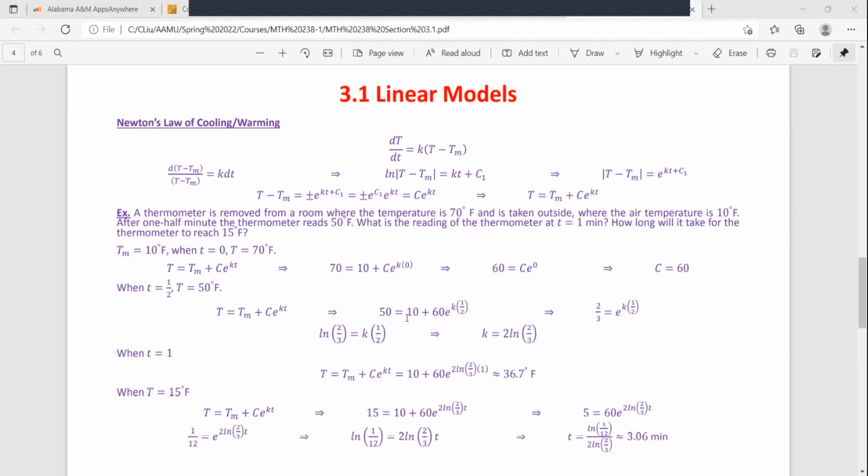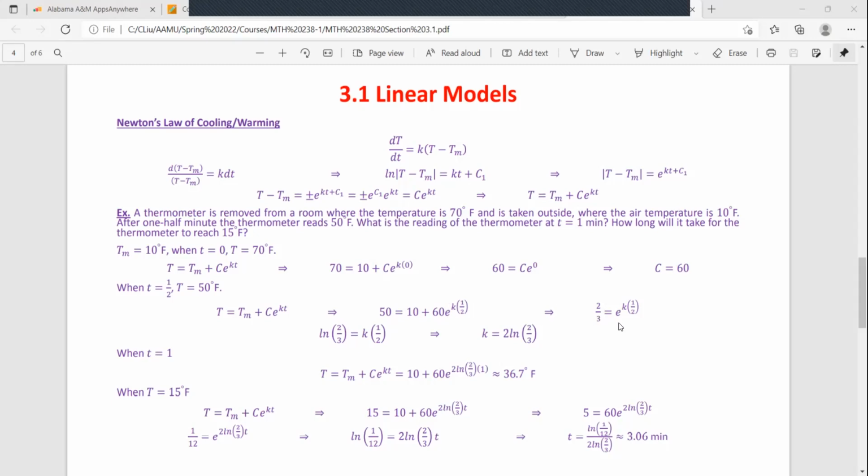So we got 50 equals 10 plus 60 times e to the k times half. Once again, you just subtract 10 on both sides of the equation, you get 40. And then you divide by 60 on both sides, so you get 40 over 60 on the left, which can be reduced to 2/3 if you cancel 20 on the top and at the bottom.